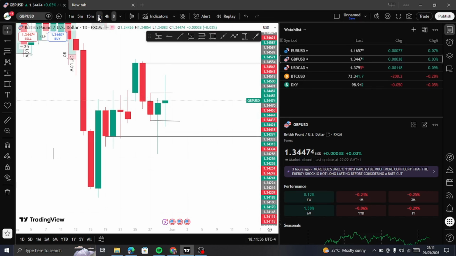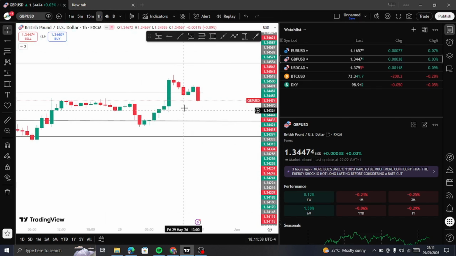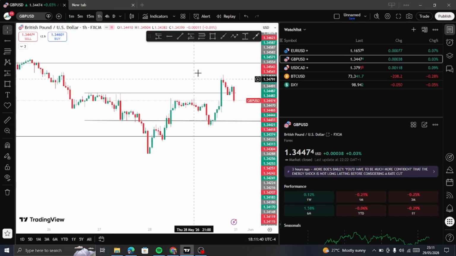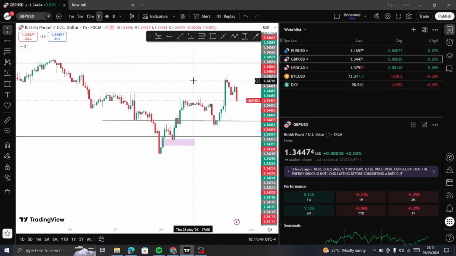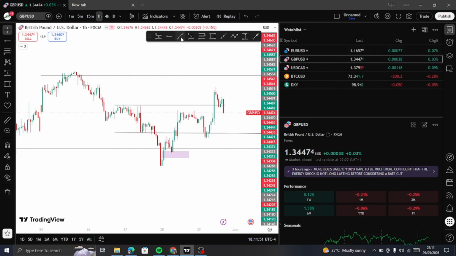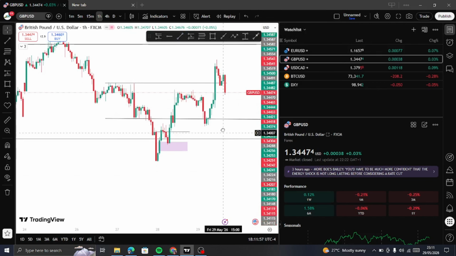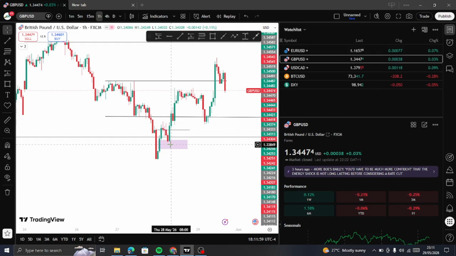Come to my 1 hour time frame. I saw a fair value gap. You can see beautiful fair value gap, and I still saw a model 1. So I waited for the market to retest to this fair value gap.